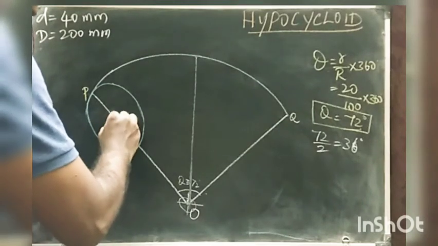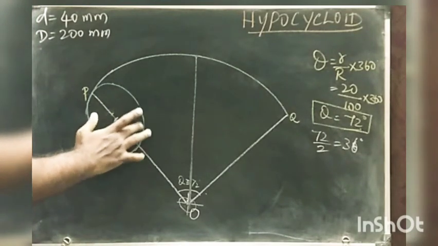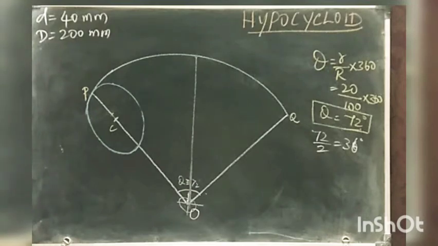If you draw it, you will get it. Now I have drawn a rolling circle here, of radius 20 mm.